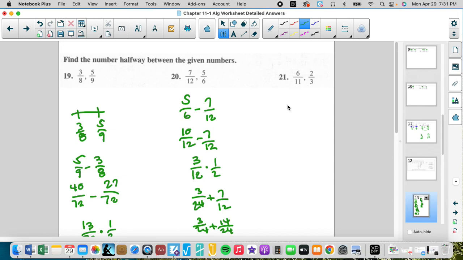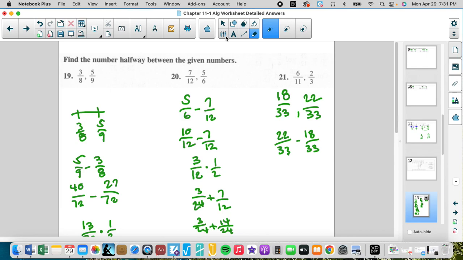6/11 and 2/3. Let's find the common denominators. 33. That's 22 33rds, and that's going to be 18. So we're going to subtract 22 33rds minus 18 33rds, and that's going to give us 4 33rds.